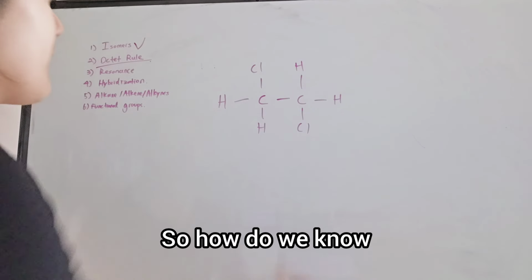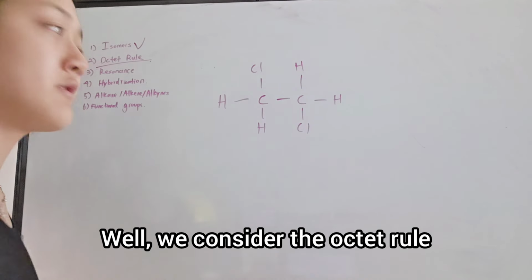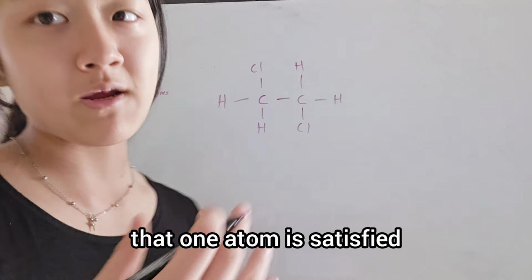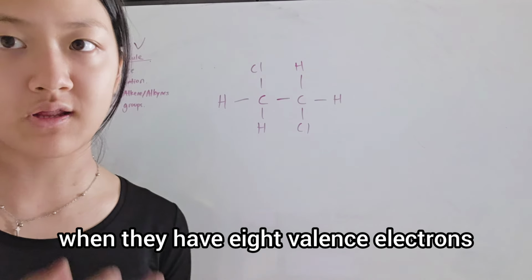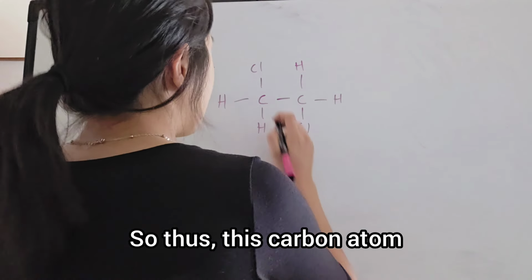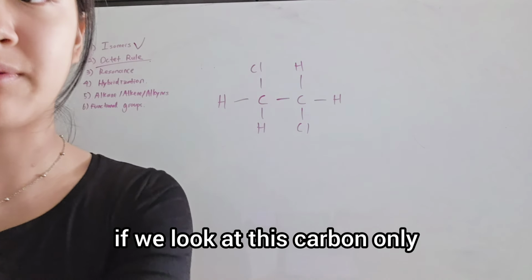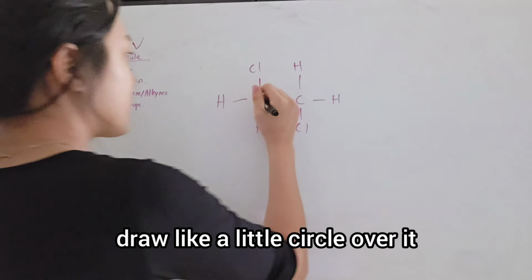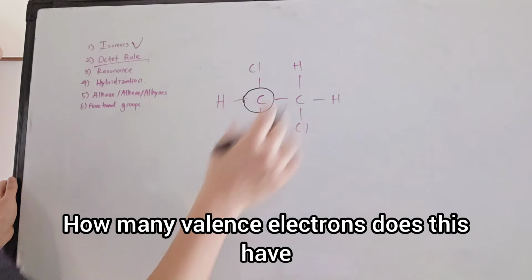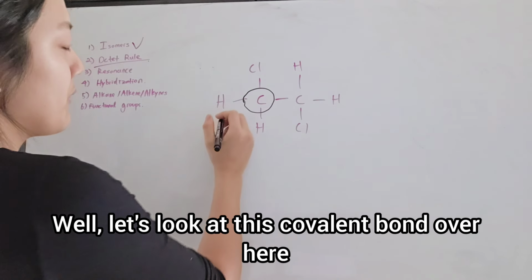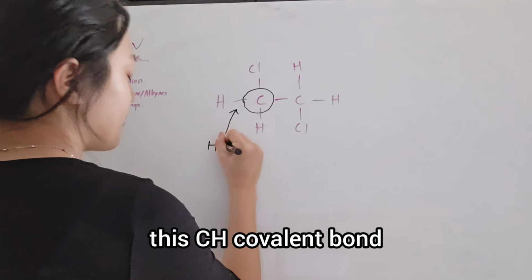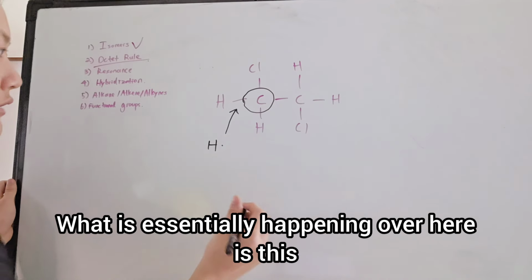So how do we know that it's supposed to look like this? Well, we consider the octet rule. The octet rule means that one atom is satisfied when it has 8 valence electrons. That's the most stable version of that molecule. So thus, this carbon atom, if we look at this carbon only, I'll draw a little circle over it. How many valence electrons does this have? Well, let's look at this covalent bond over here, this CH covalent bond. What is essentially happening is this.